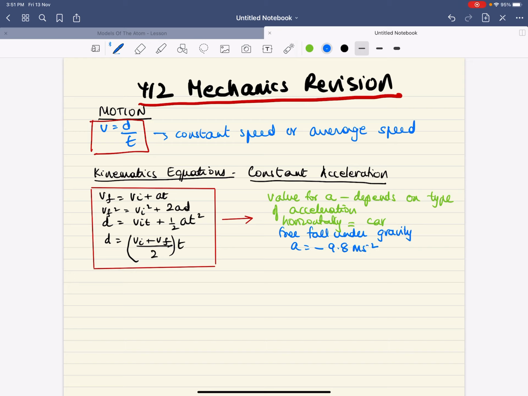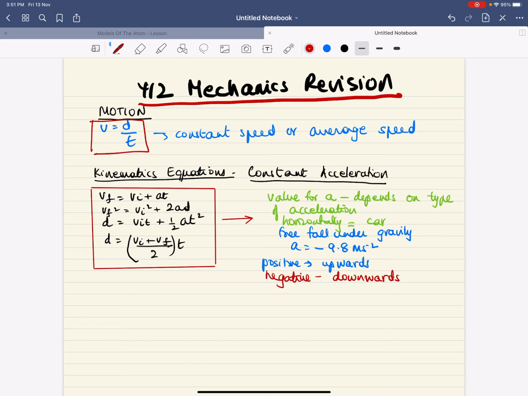The reason I've used negative is that the way I've taught my classes, I use positive for anything going upwards, and negative for anything going in the downward direction. Because gravity always acts downwards, anything that you throw up will always accelerate downwards.